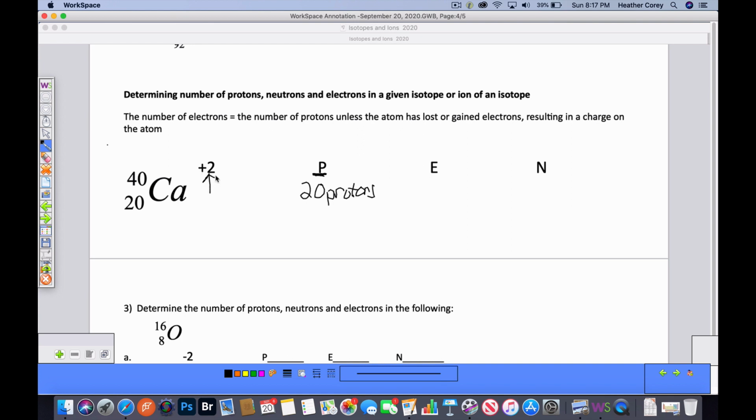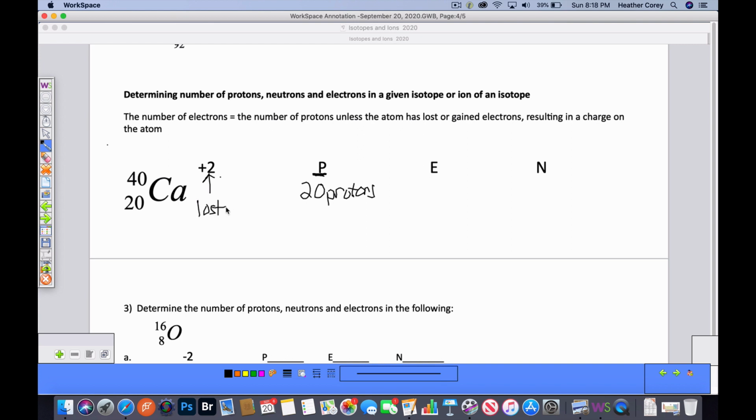Now, we wouldn't say that it gained 2 protons to have this charge because that would change the number of protons. Changing the number of protons changes the identity of the element. And this is calcium, so it has to have 20. The plus 2 means that it has not gained electrons, which are negative. It means it lost electrons.